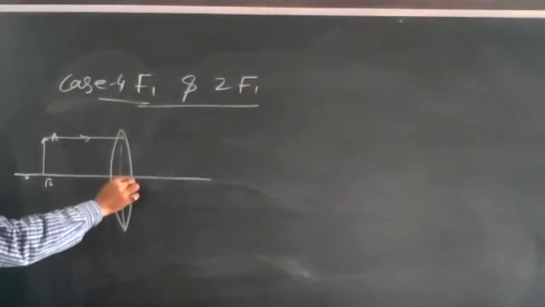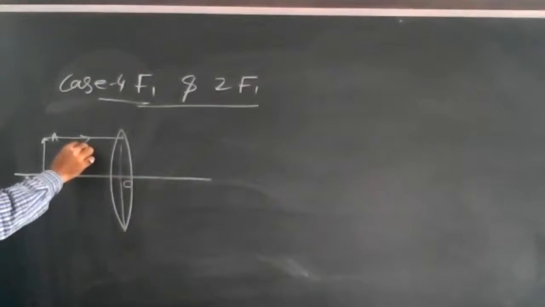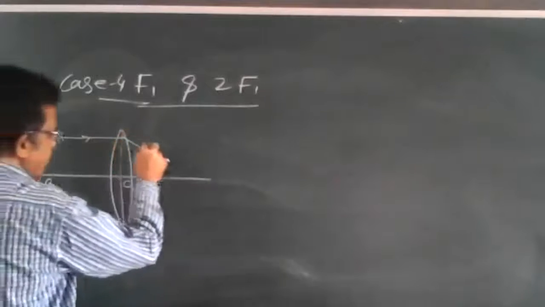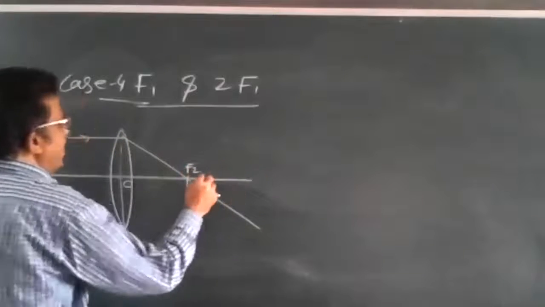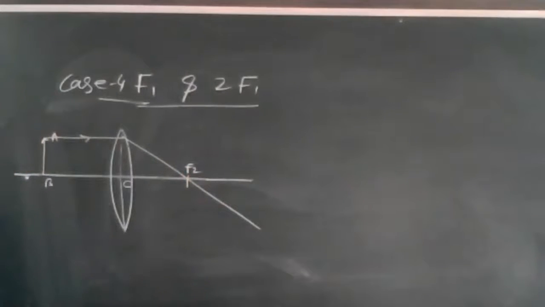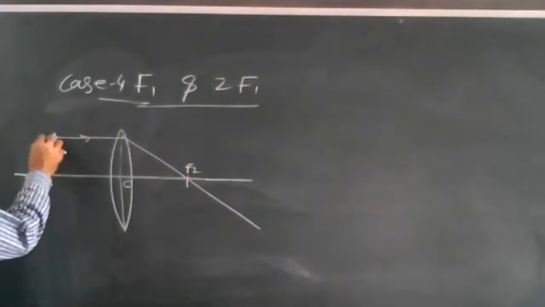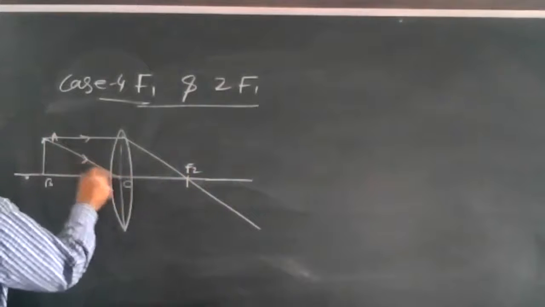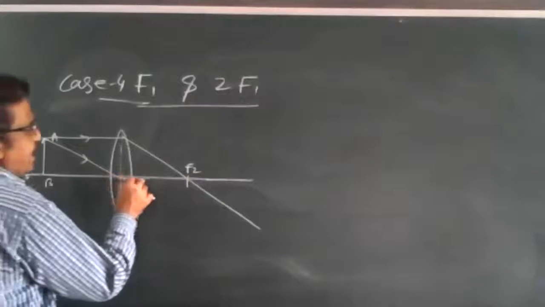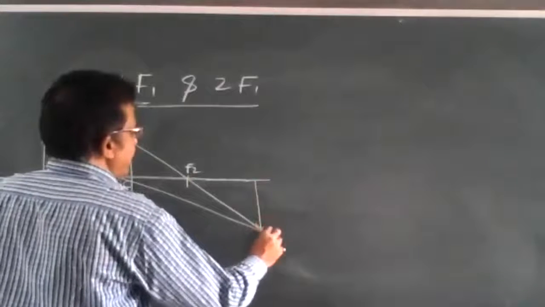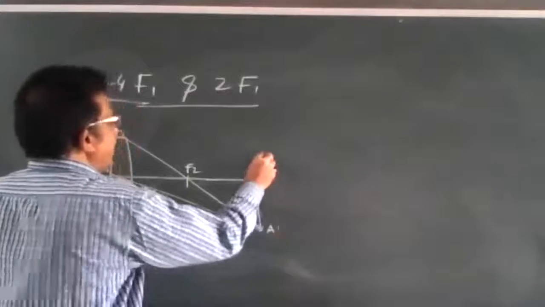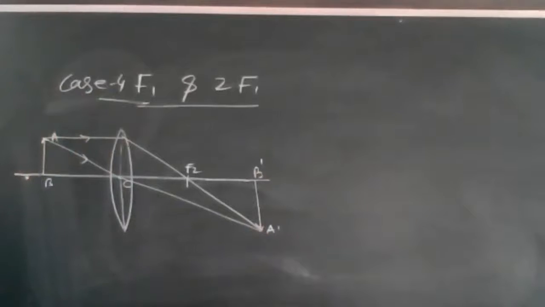This is the optical center. The ray which is parallel to the principal axis will pass through the principal focus on the other side of the lens. Another ray passes through the optical center. Then both meet at this point, and we are getting an inverted image.